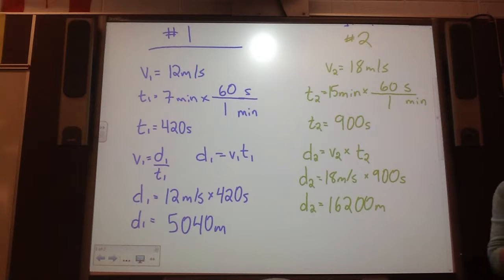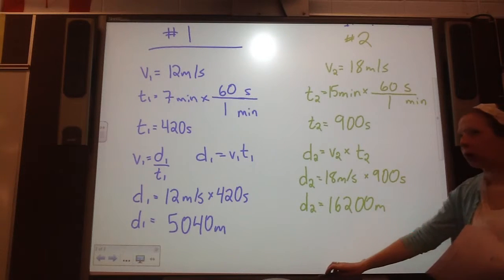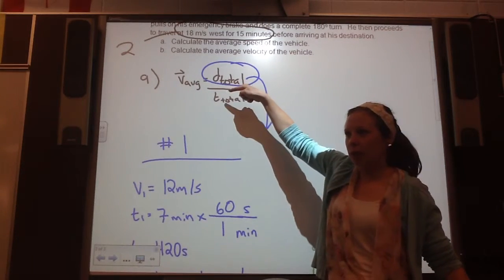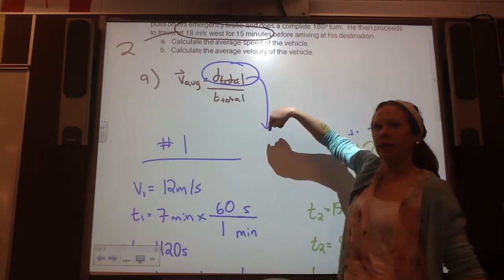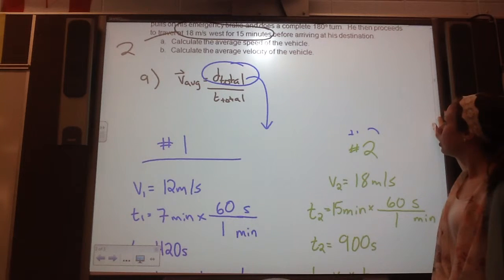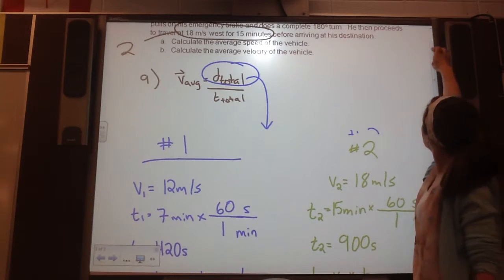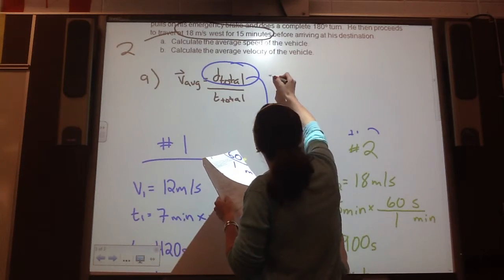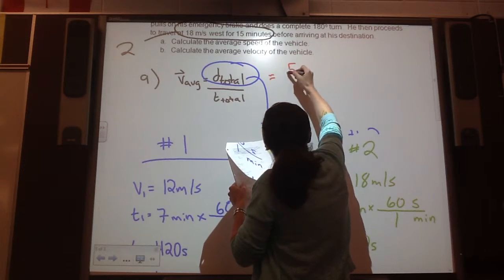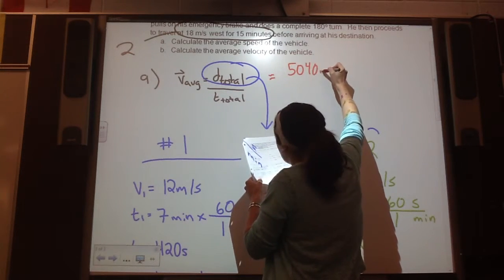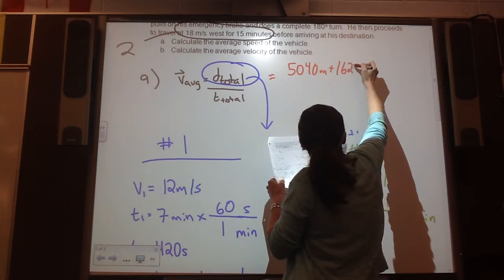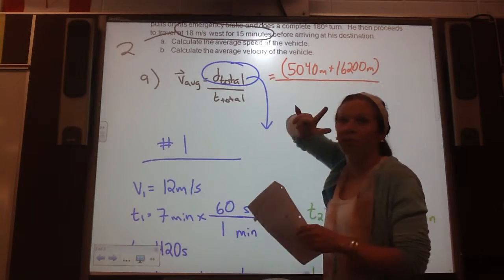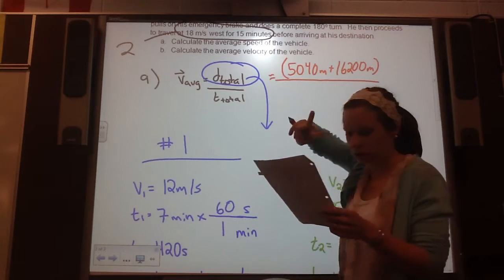Okay, so now I have my two distances. Now we can add them together and put it into that formula. So 5040 meters plus 16200 meters, all divided by both of my times put together in seconds.